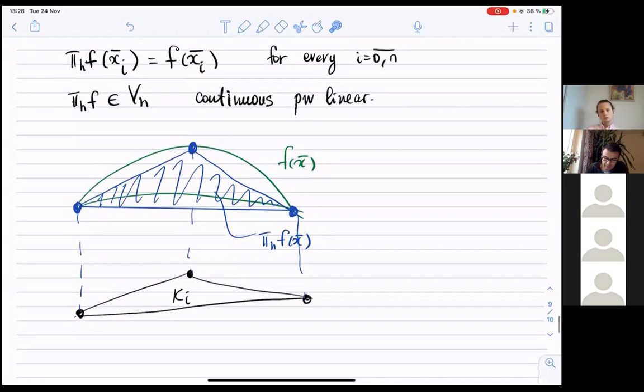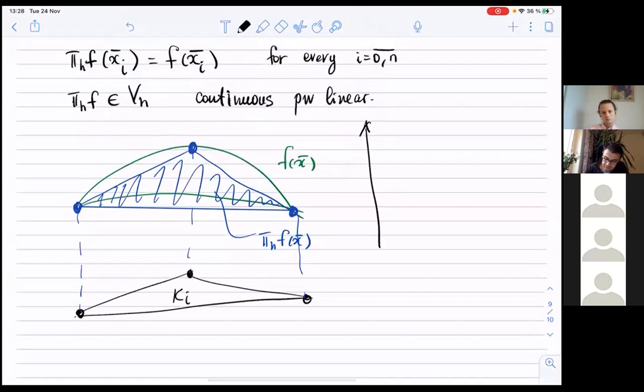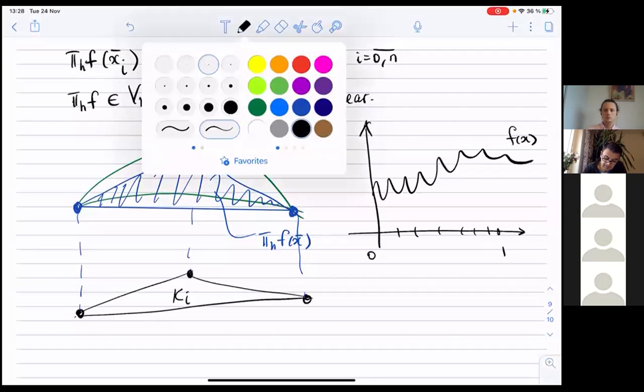Yeah, there is an analogous description or picture in 1D. I can just remind you what the interpolant was. We have some interval. We split it by a finite number of small intervals. This function f could be smooth but really oscillative. It doesn't have to be super smooth. It could be continuous or discontinuous, it doesn't matter. Function f could be some arbitrary function.